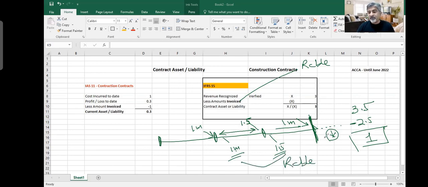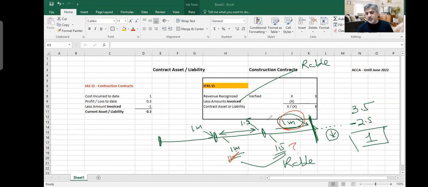But the remaining 1 million is in the air, because it has been verified but has not been put on paper. That's why I call it contract asset. It is different from receivable. Contract receivable is the amount which I have invoiced. Maybe they gave me this money and I received it, maybe they have not given it yet.